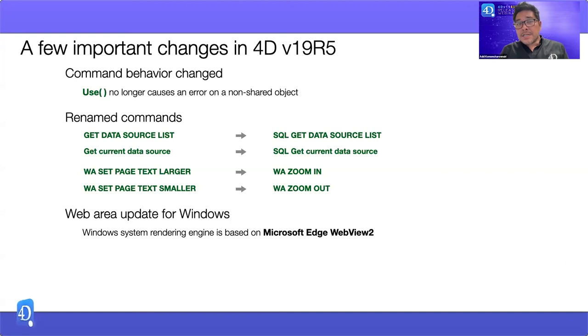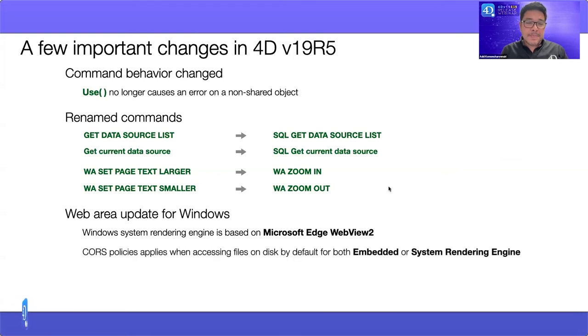And this change offers some benefits, including some security benefits that you can take advantage of in the web area, including the CORS policy. It now gets applied automatically every time you try to access a disk file outside of your folder.